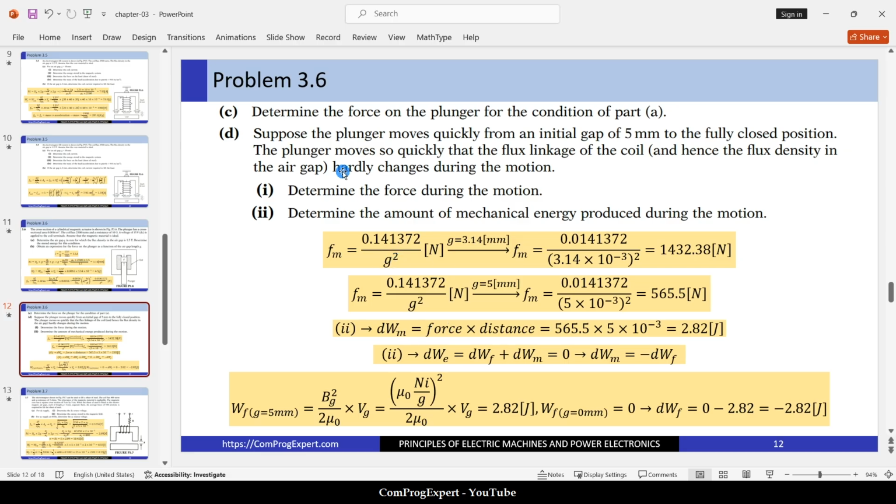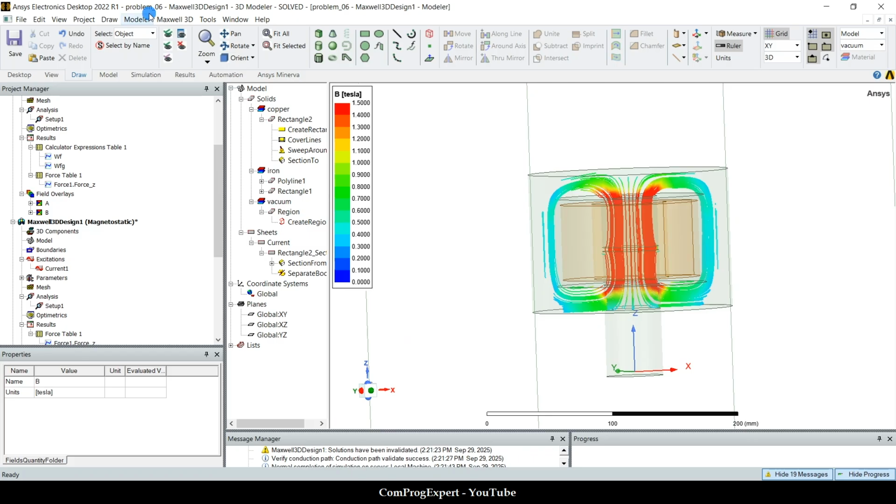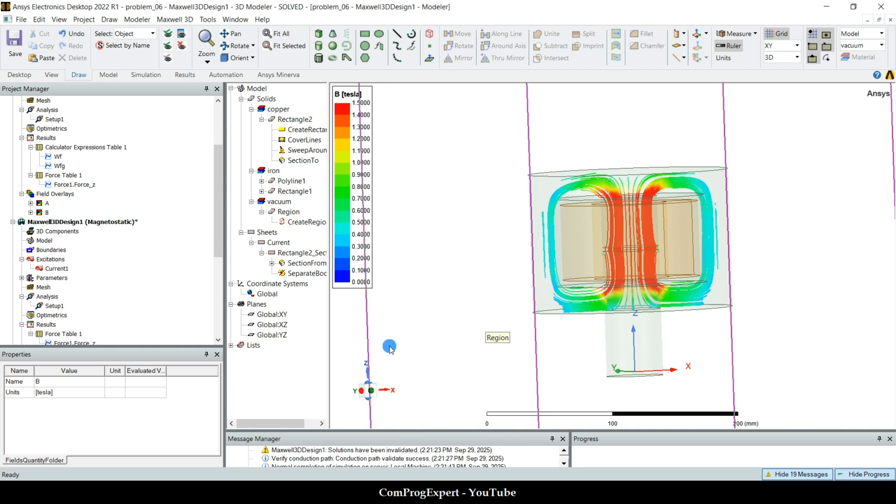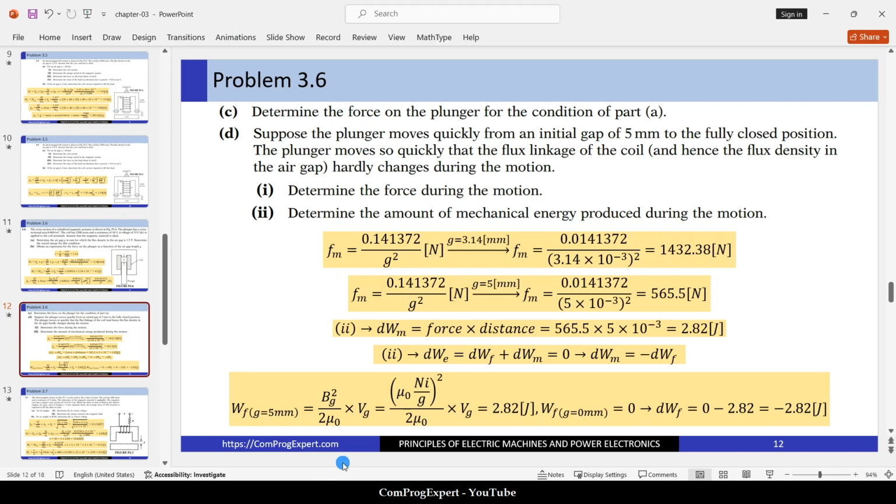But in this case, because we have a fast movement, we should consider the dynamic situation, the transient situation. Okay? So this term is important. You can do this simulation. You can do the transient simulation and simulate this behavior, but it is out of the scope of this video.